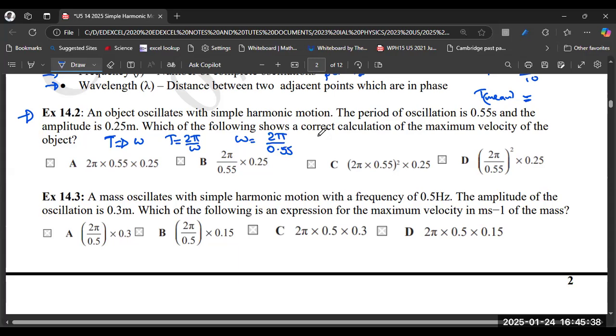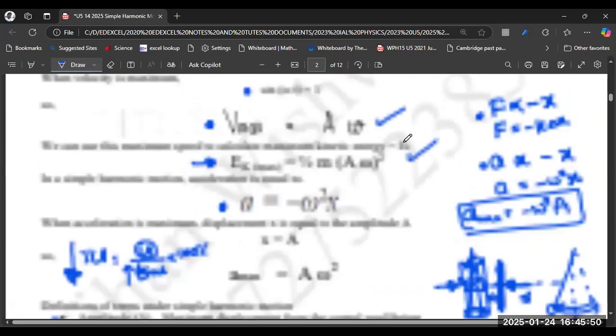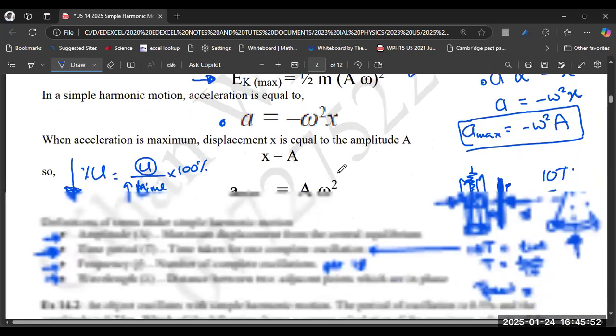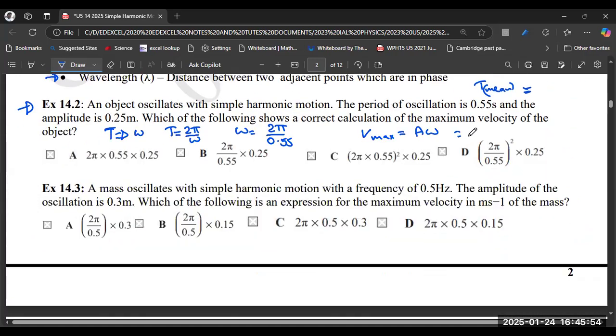Now we know the omega value. Why do we need the omega value? Because they're asking for the maximum velocity. Maximum velocity, we know that it is A omega. We learned that earlier. Then, do we know the amplitude? Yes, the amplitude is 0.25.